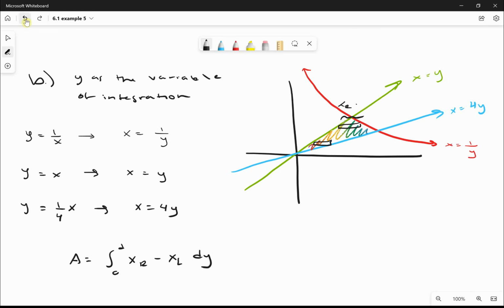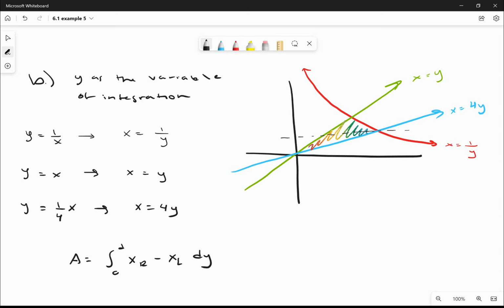So let's get rid of that. Where does that left and right curve change? If we draw this horizontal line corresponding to this y value where the blue and red meet, then we see that the right curve above this horizontal line is red and the left curve is green, and then below the horizontal line we see that the right curve is the blue one and the left curve is the green one.